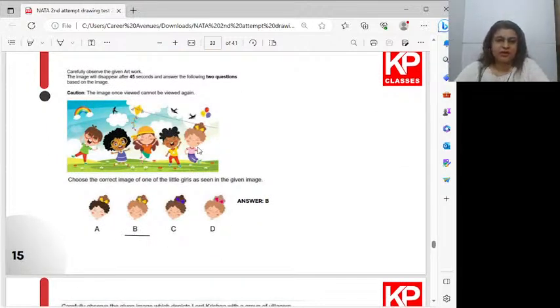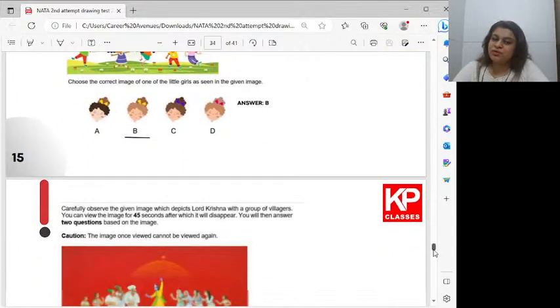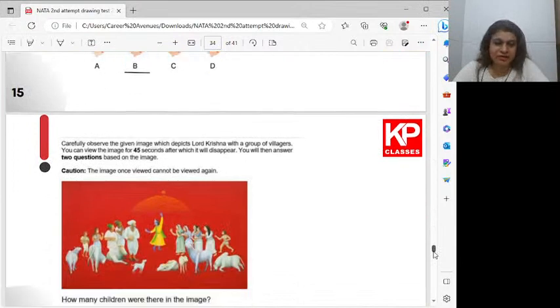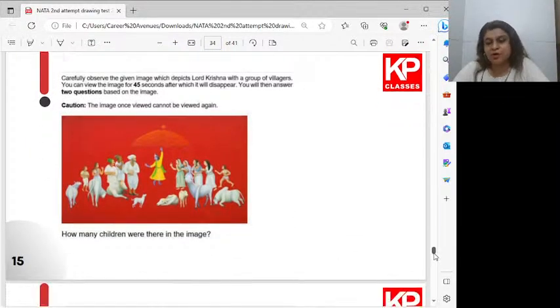You might think, what about D? There's not much of a difference, just a small ribbon that is there. So you have to be very, very observant, and this can only come with practice. So practice as much as possible.